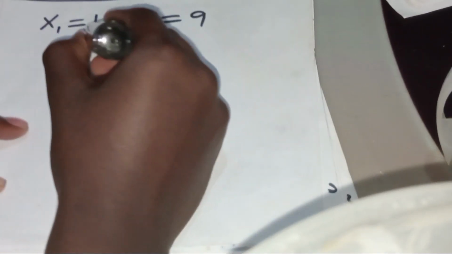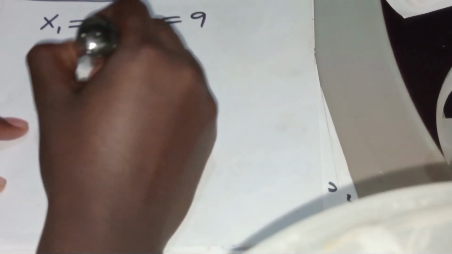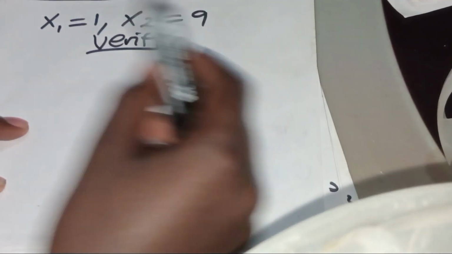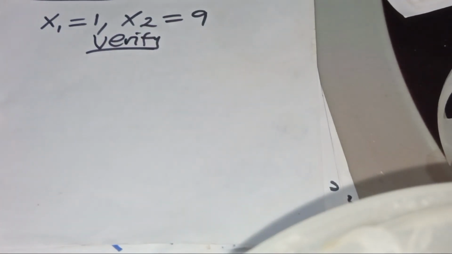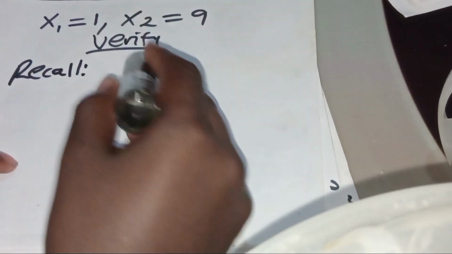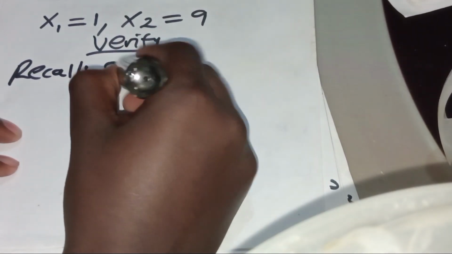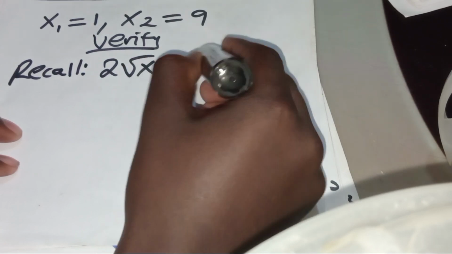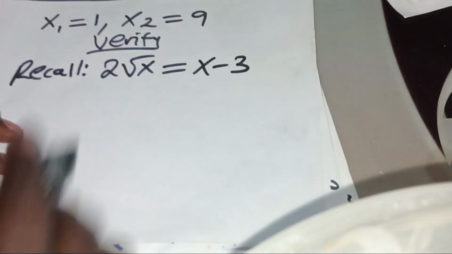So let's verify that these values of x actually satisfy the equation. If you recall, we had 2 square root of x is basically equal to x subtract 3.